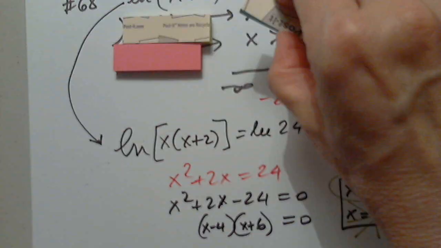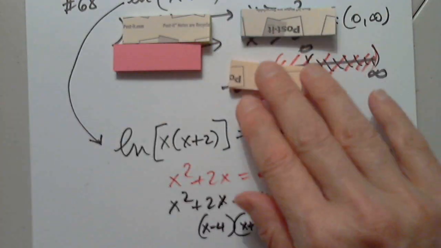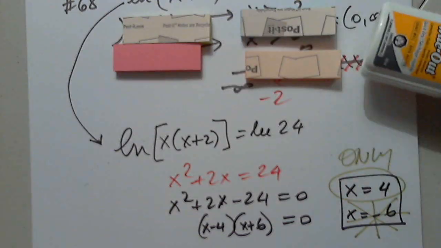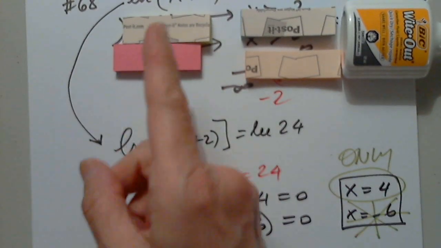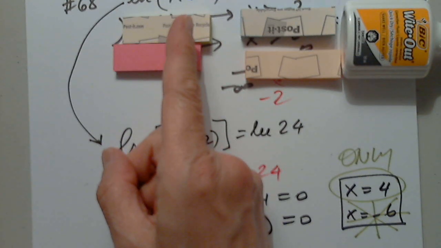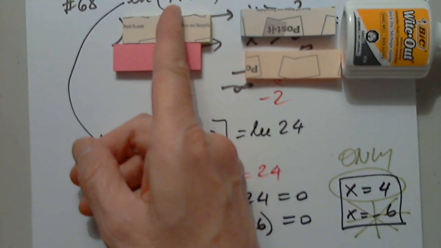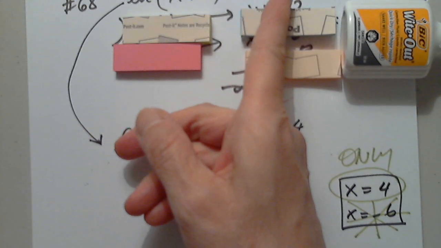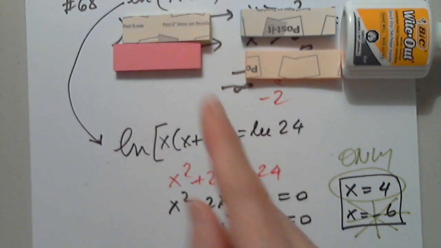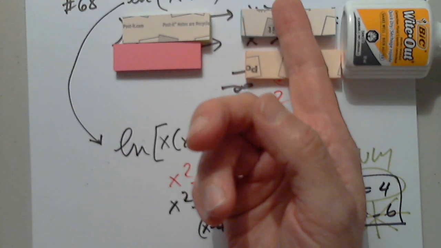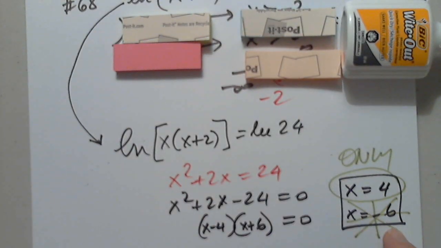Although the domain is part of this question, if you don't know the domain, then you have to go back and check. So when you plug in 4 here and 4 here, you have to make sure you get that. When you plug in negative 6, obviously you're going to say, oops, and you will cross it out.